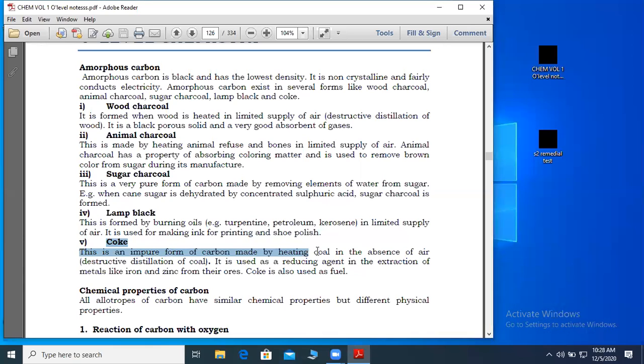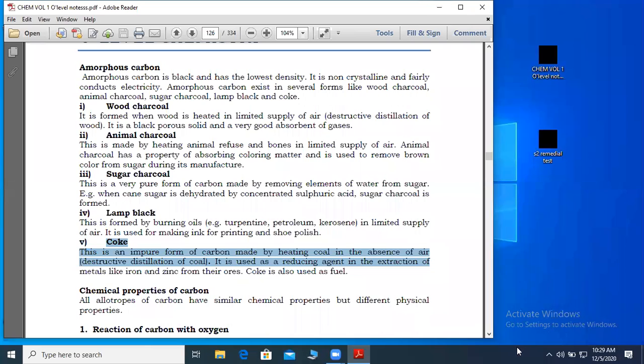It is made by heating coal in absence of air, and it is used as a reducing agent in extraction of iron. That is the most important use of coke.